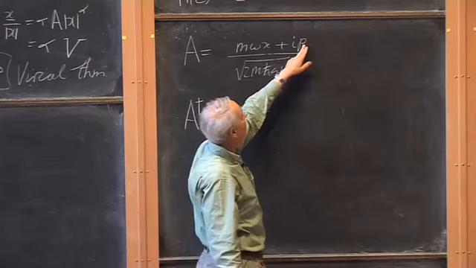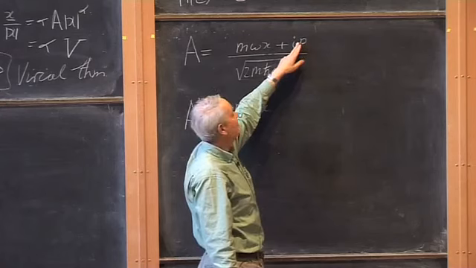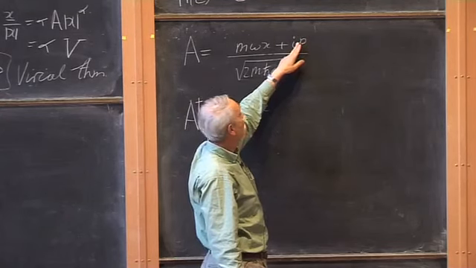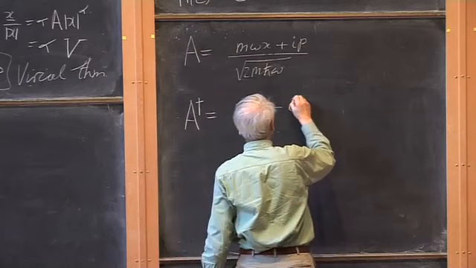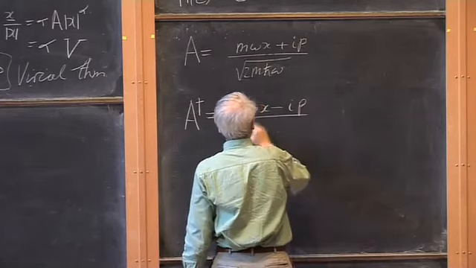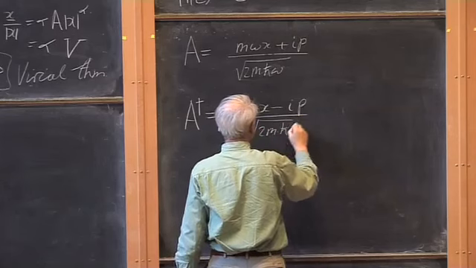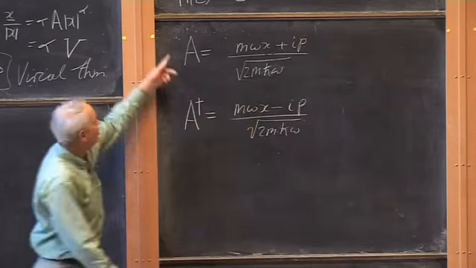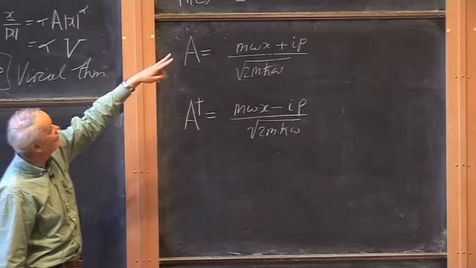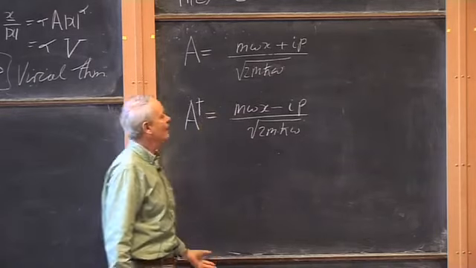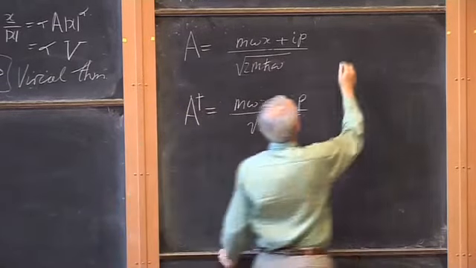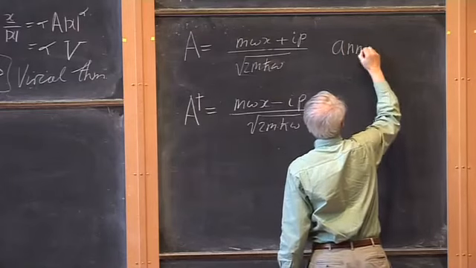P is its own dagger, but the Hermitian adjoint of i is minus i, so this is minus i p over, of course, this on the bottom is a real number, so it's its own complex conjugate. So here we have two operators, and the general idea is they're going to factorize H, or they almost do, whatever. That's the plan. And this is called an annihilation operator.